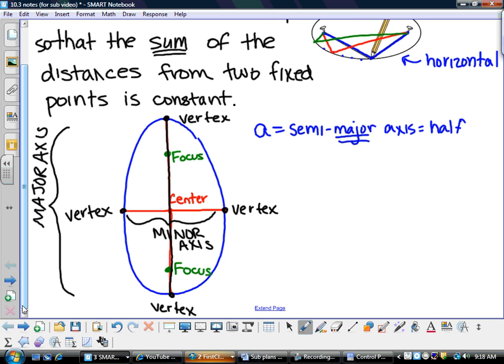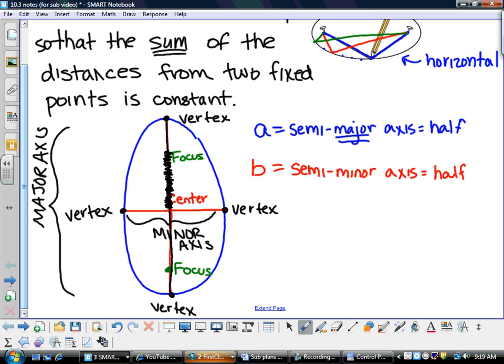The semi-minor axis is again halfway across the minor axis. And that one is called b units long. We can try to label those distances in the picture.